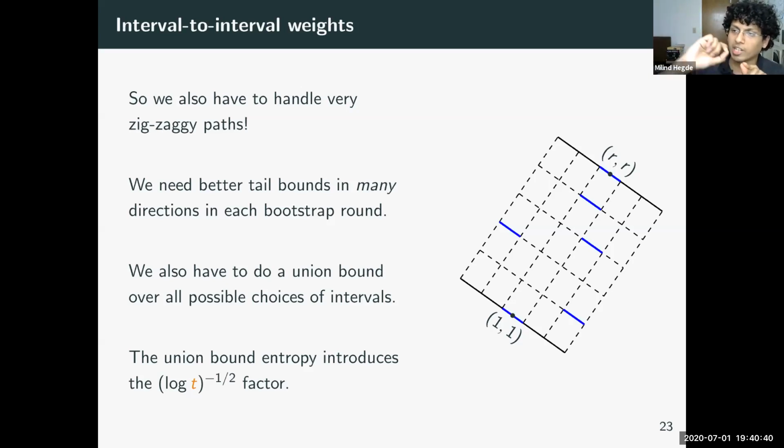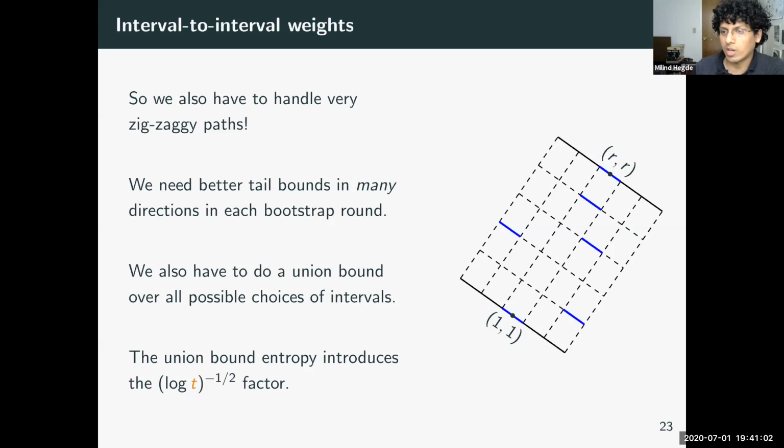It did not have any deviation. But over here, because you're making it go through all these really extreme paths, you have to allow much different directions. And because you want to apply this thing for many, many rounds, you have to improve the tail bound you get in all these different directions with each round. So this is a technical complication.